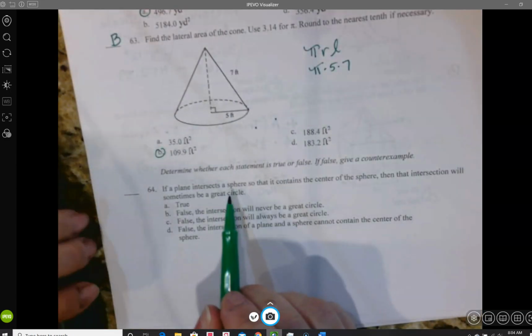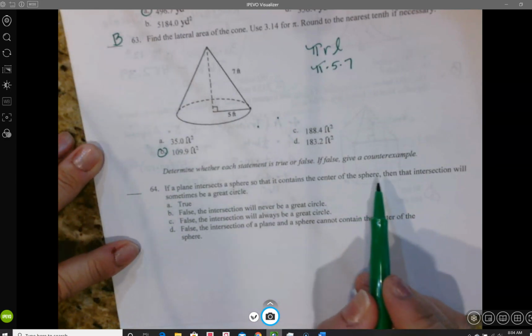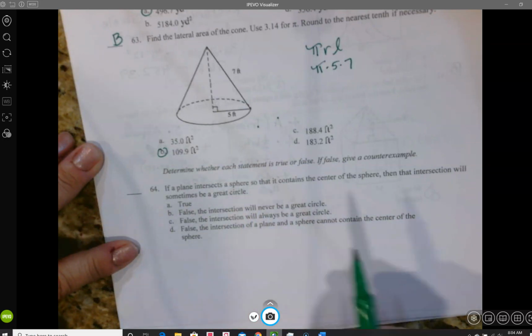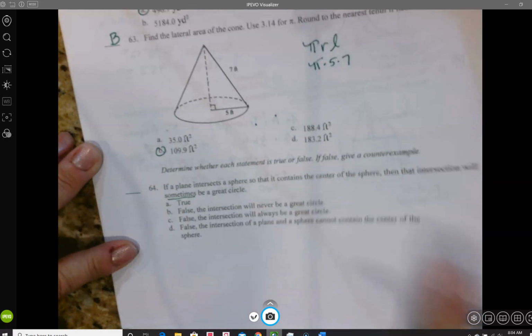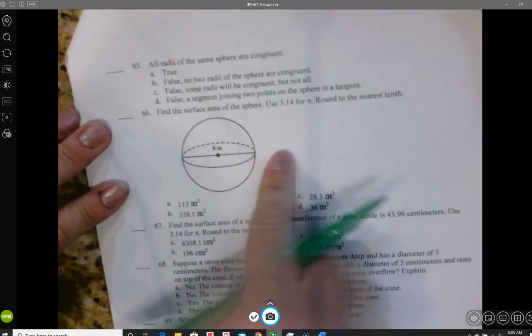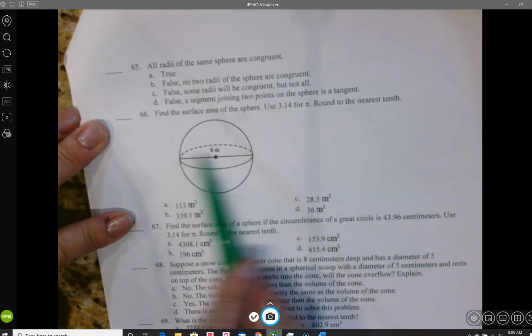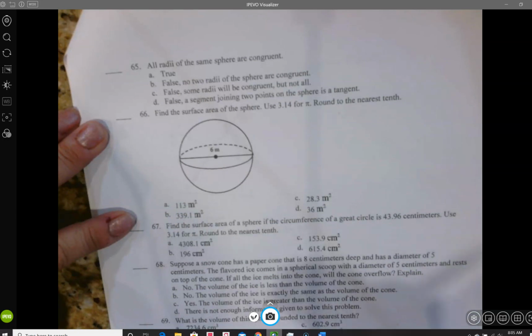All right, so number 64, if a plane intersects a sphere, so it contains the center of the sphere, then that intersection will sometimes be a great circle. I happen to know there's a picture of a sphere on the back side. So what they're saying is a plane intersecting a sphere will be a great circle, which means the largest possible circle.